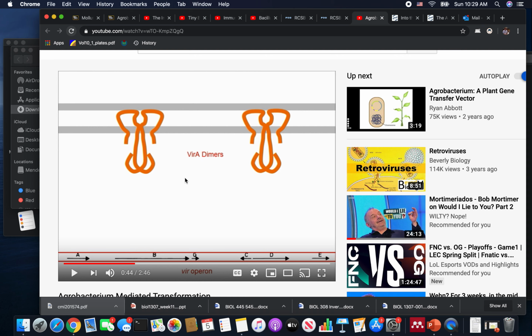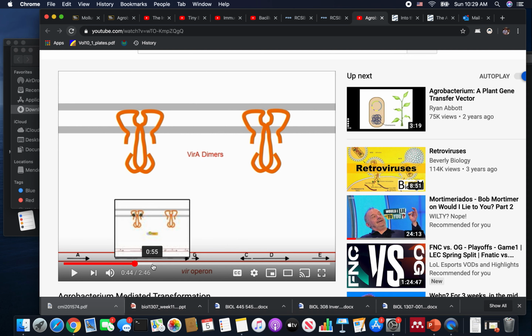We can call it a homodimer, H-O-M-O, because homo means the same in science. Now, if it was 2 different proteins, if this was a VirA and that was a VirB, which is not the case, these are both VirAs, but if it was 2 different proteins, we would call it a heterodimer, because hetero means different. That's where these words come from. That's why these words get used in the ways that you know.